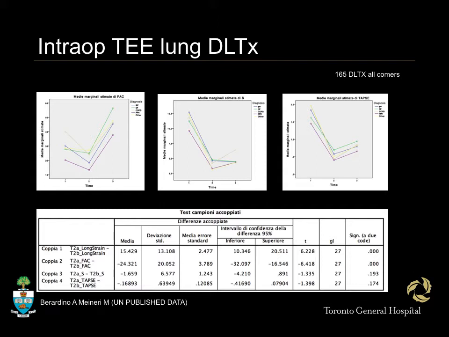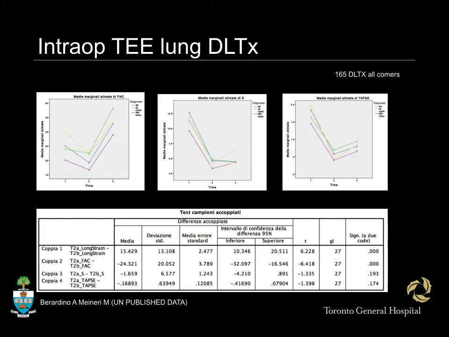We also looked at fractional area change, S prime and TAPSE. And while TAPSE and S prime don't have a significant change before and after surgery, this was pre-op, before surgery, and after surgery.